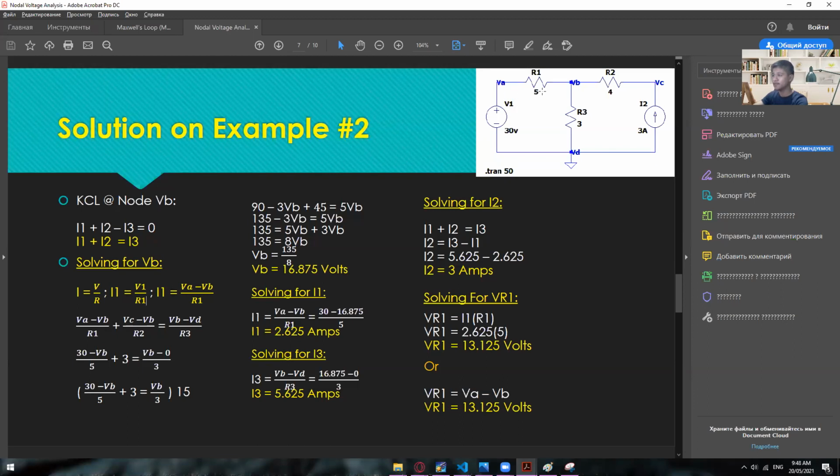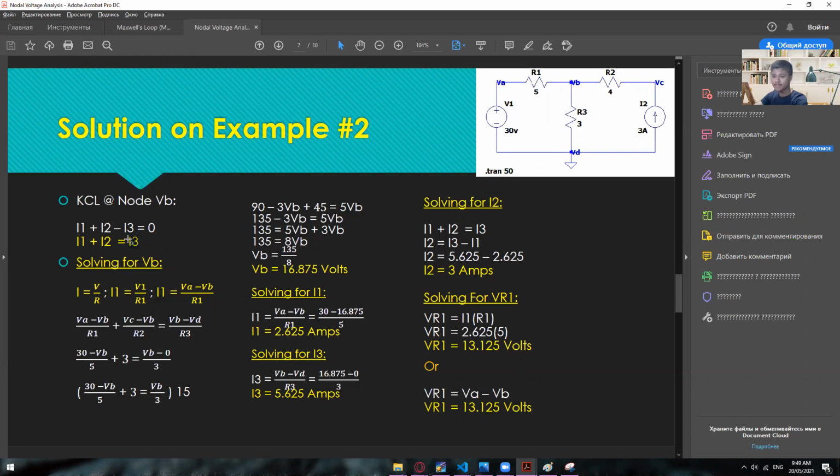We have here VA minus VB because we know that VA has a higher voltage than VB. So we can use this one already for our I1. So VA minus VB divided by R1. And then for the I2, the same concept. So we have here VC minus VB divided by R2.